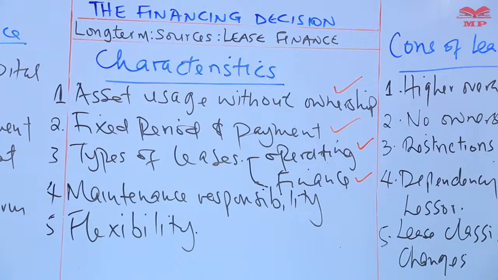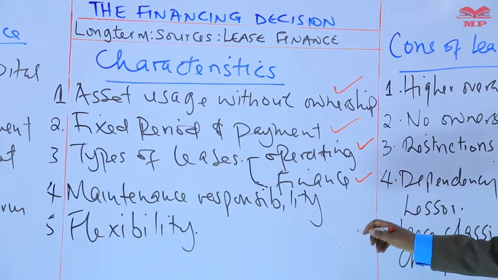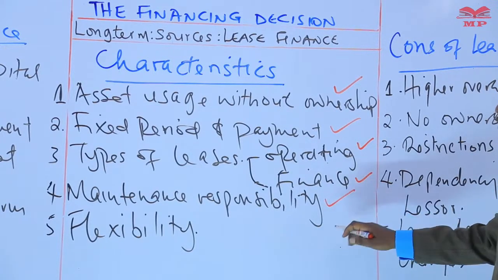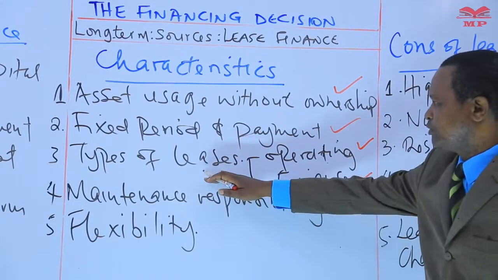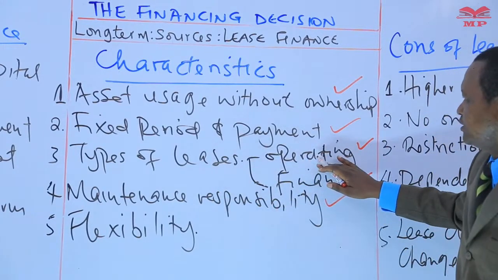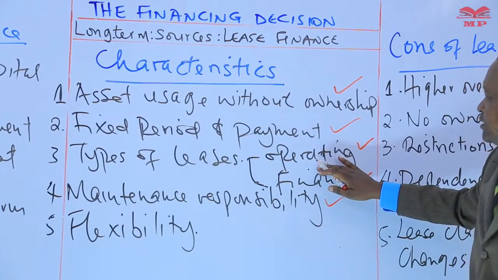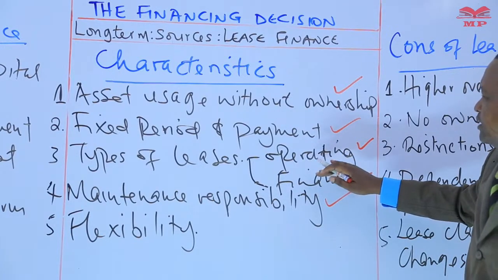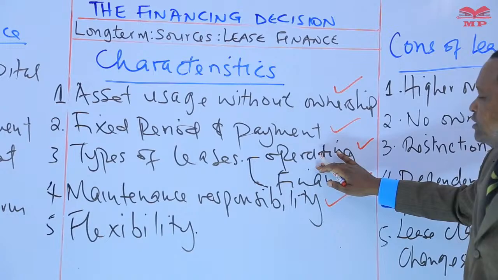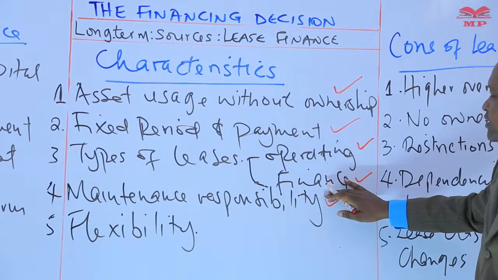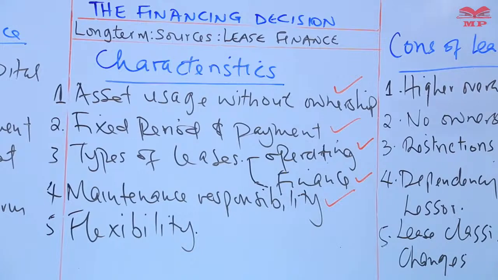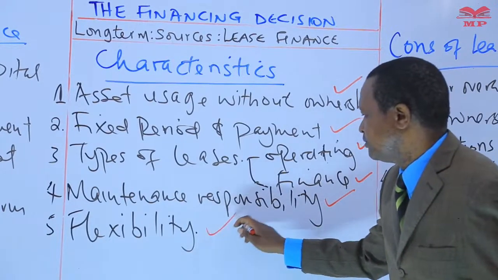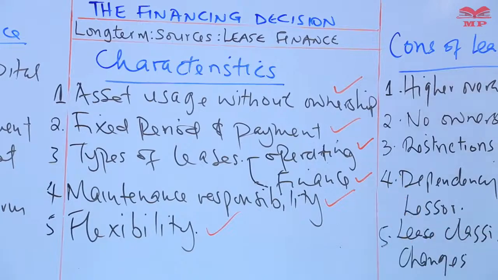There is the characteristic on maintenance responsibility. We saw that the responsibility to maintain the asset is dependent on the type of the asset. For the operating lease, it is the lessor who maintains the asset, and for the finance lease, the lessee has the responsibility to maintain the asset. Another feature is on flexibility. So these are 5 characteristics.